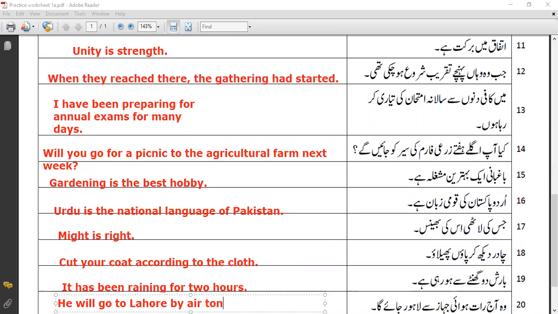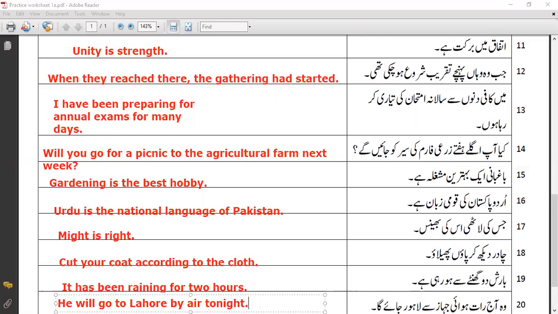Aaj raat, yes. He will go to Lahore by air tonight, correct. हवाई जहाज से is usually written as by air. He will go to Lahore by air tonight.